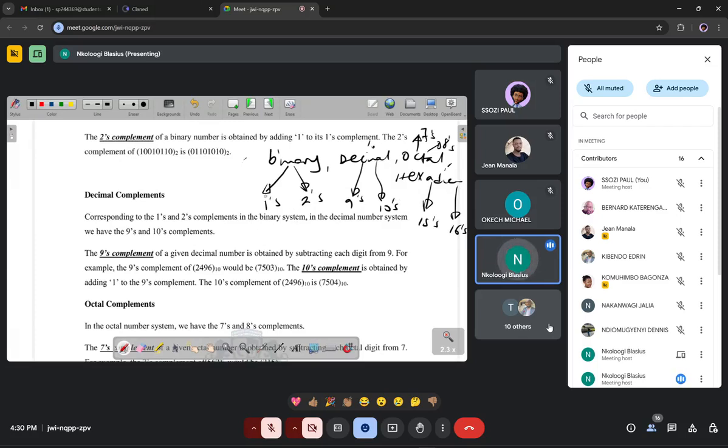So far we have looked at the one's complement. Now let us move to the two's complement. The trick is not so hard.